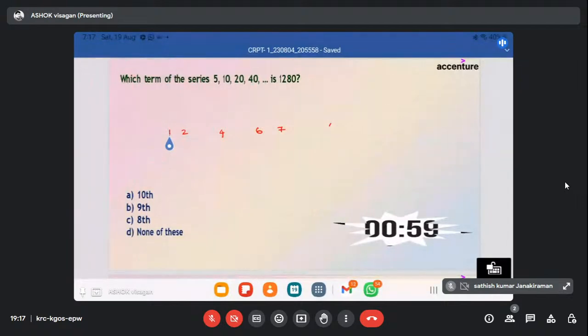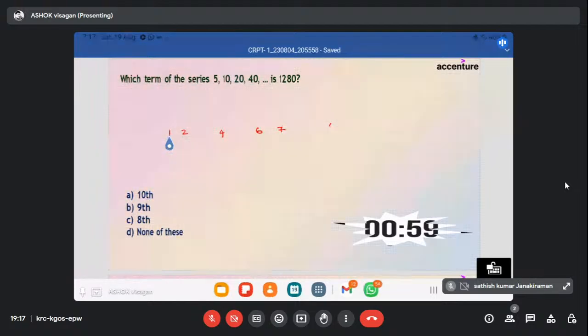This thing is not a number series first. It comes under AP and GP. Or else you can use the logic also. So what is the logic behind it? Each time the number becomes doubled. 5 becomes 10, 10 becomes 20, 20 becomes 40, like that.